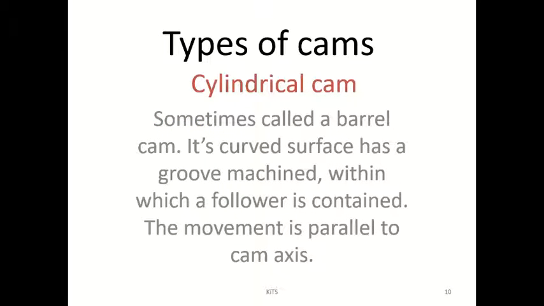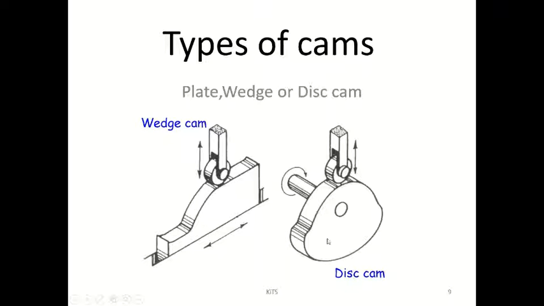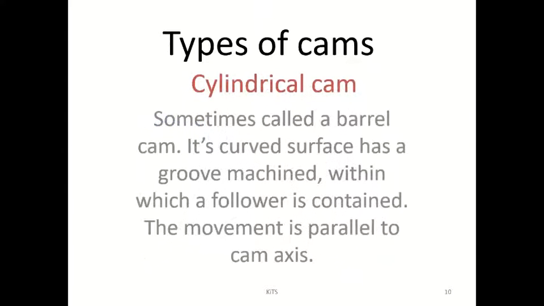Next one, the cylindrical cam. Remember this type. This was the plate: when the plate rotates or moves front and back, the follower will rise up and down. Next one is cylindrical.